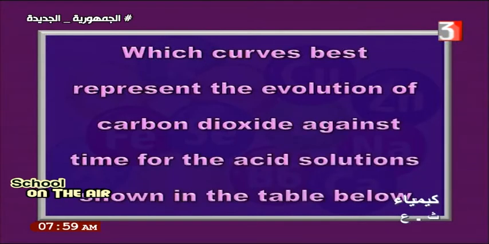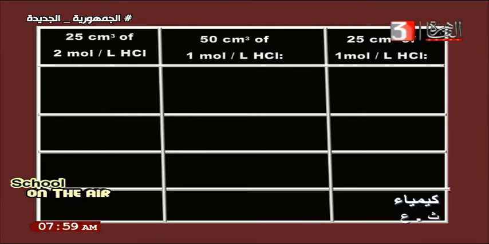So which curves best represent the evolution of carbon dioxide gas against time for the acid solutions shown in the table below? Here, the first column shows the volume of hydrochloric acid, 25 cubic centimeter, and 2 molar hydrochloric acid, and so the number of moles here will be 50.